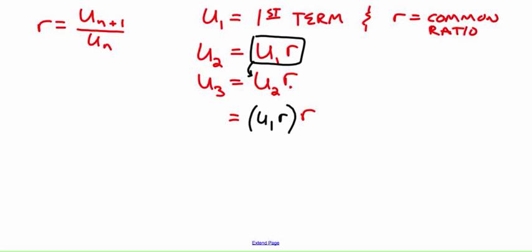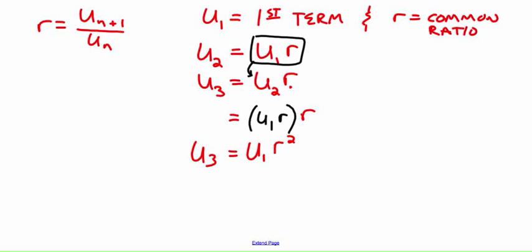And what does that equal? Well, u of 1 times r times r equals u of 1 times r squared. So u of 3 equals u of 1 times r squared.